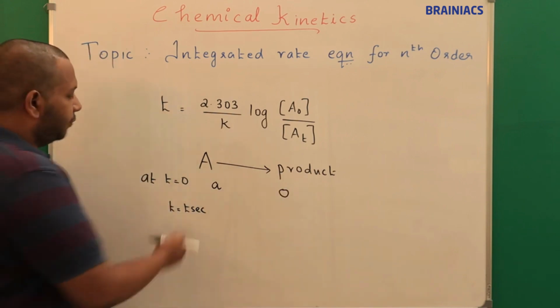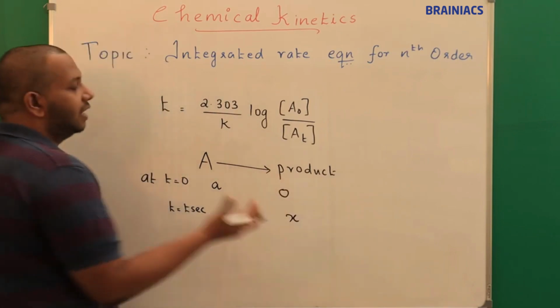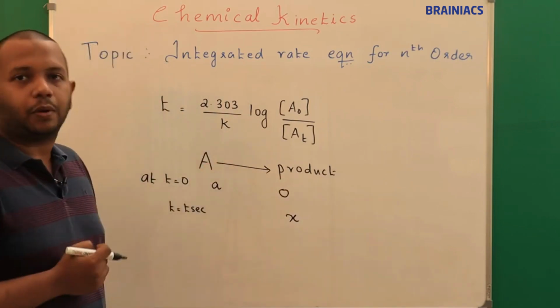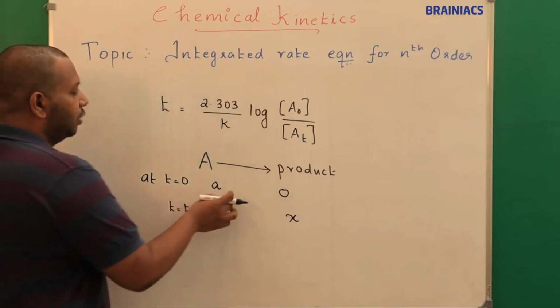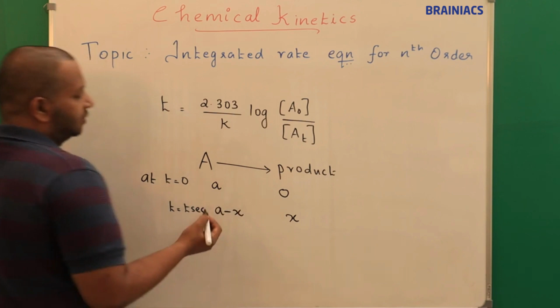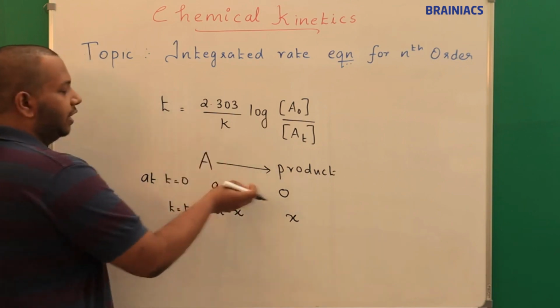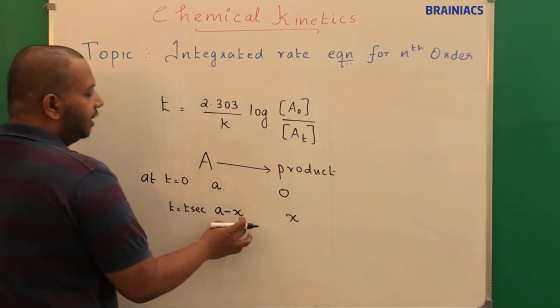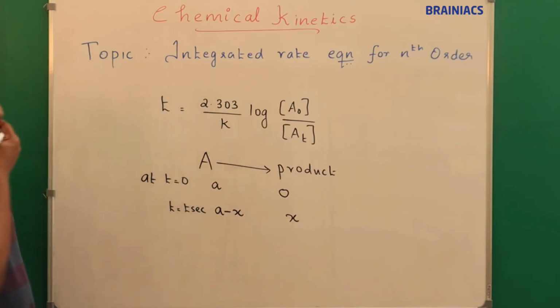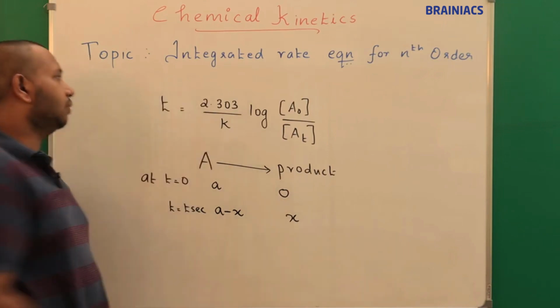After t seconds, assume X is the concentration of the product formed. In that case the concentration will become A minus X, because initially A was present. Out of that some amount of A gets converted to X, then the remaining will be A minus X. So how will you write the integrated rate equation for first order?